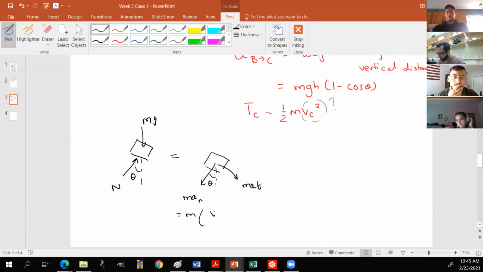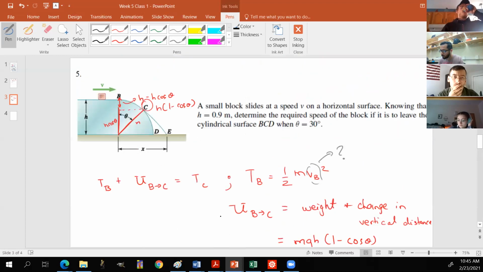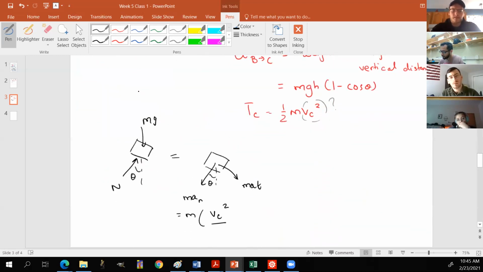At the point C, that's going to be vc squared. What's rho? It's just h. It's a circle, so this is your radius of curvature. So v squared over h.